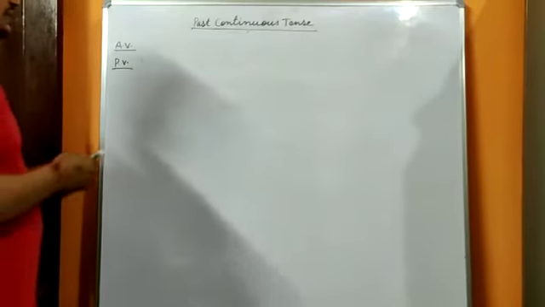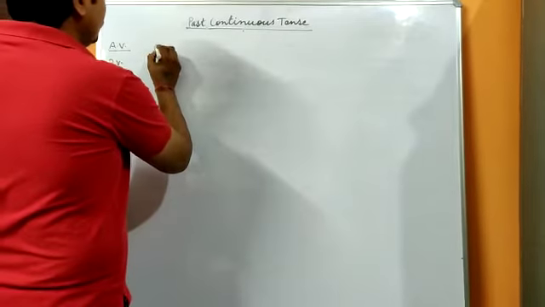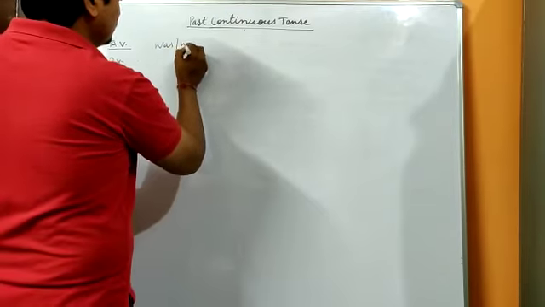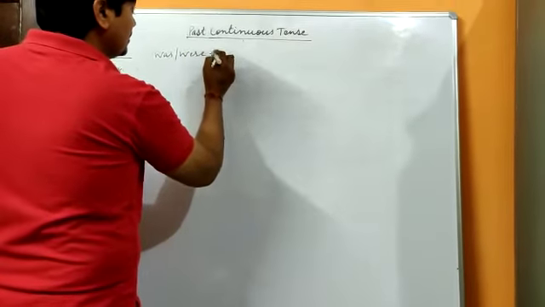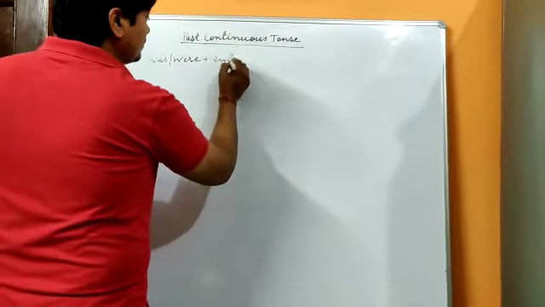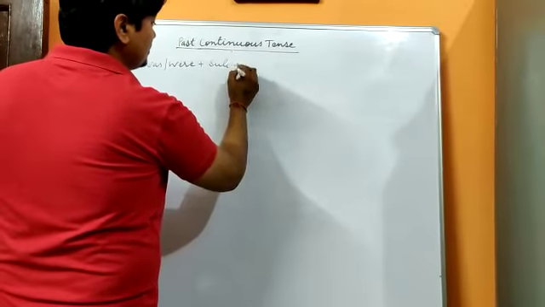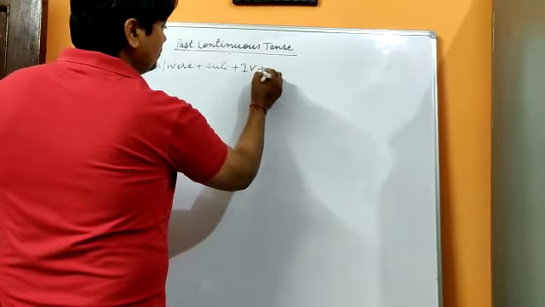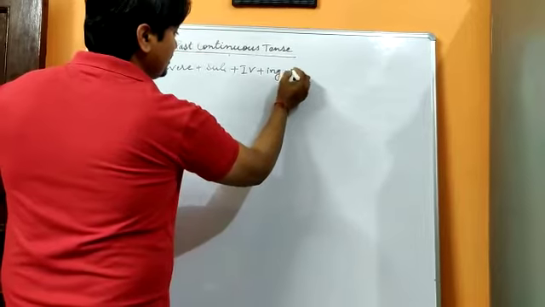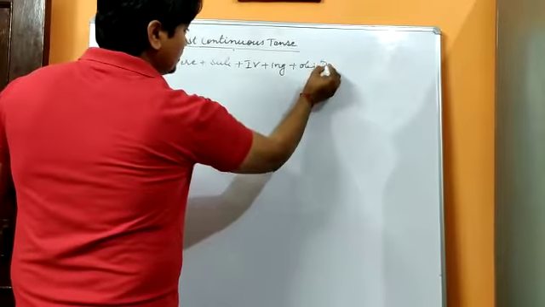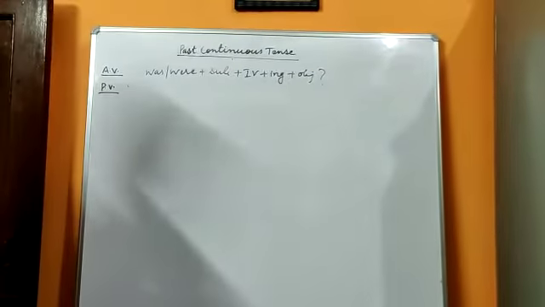In the interrogative sentence, the structure will be was/were plus subject plus first form of verb plus ing plus object. This is the structure of the interrogative sentence.